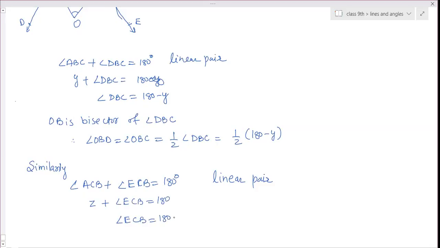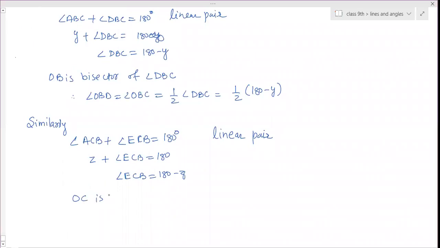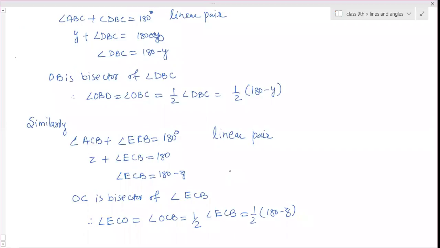Angle ECB is equal to 180 minus Z. And now OC is the bisector of angle ECB. Therefore, angle ECO is equal to angle OCB, which is equal to half of angle ECB, half of 180 minus Z. So mark this equation 1, this is equation 2.